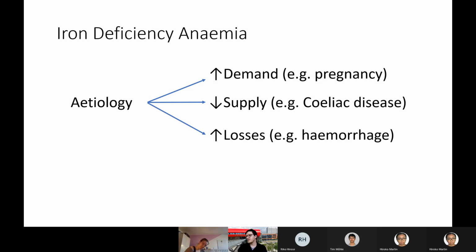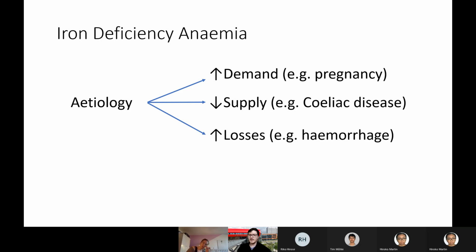There might then be increased losses, occurring acutely with hemorrhage, or chronically, also with hemorrhage but slightly smaller. For instance, acute iron deficiency anemia could result from gastrointestinal bleeding.